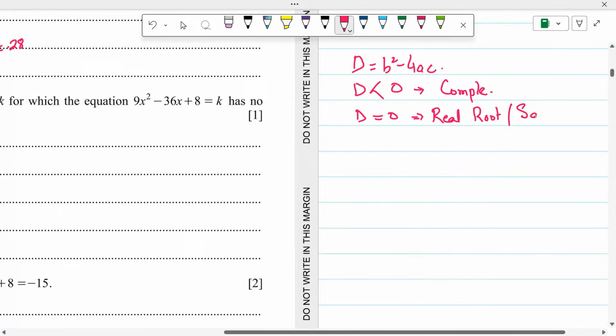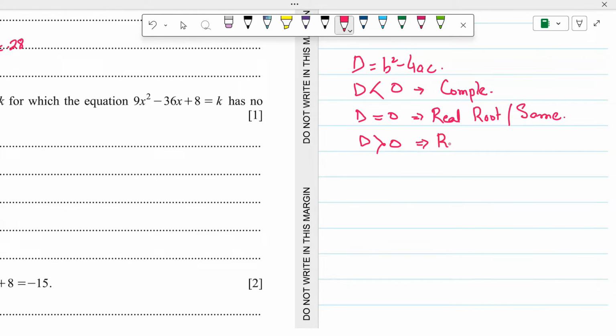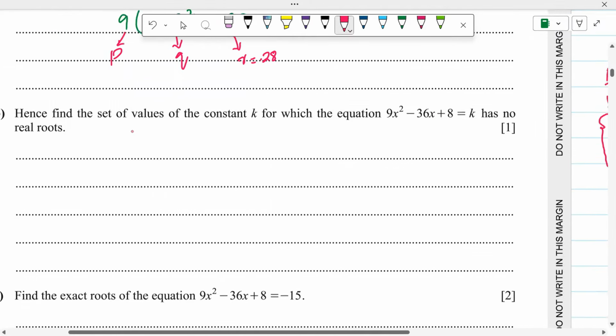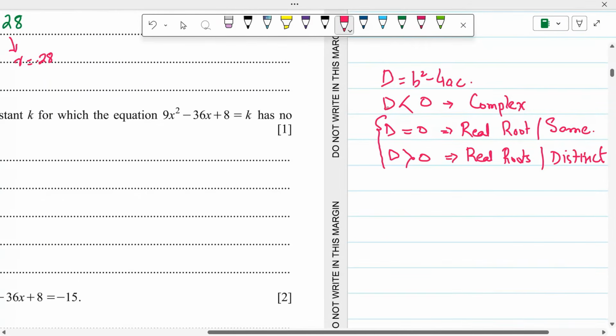Similarly, if the discriminant is greater than 0, then we have real but distinct roots. So in both cases we will have real roots. The question says that this equation should not have any real roots, so the discriminant should be less than 0 so that we have complex roots.